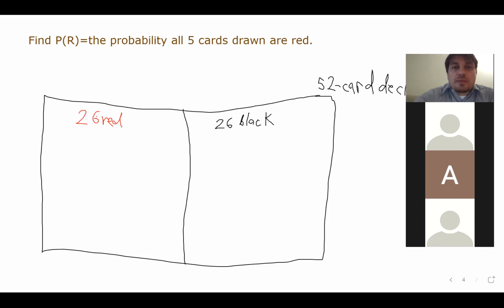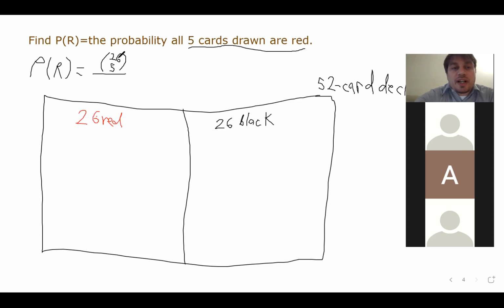Now to find the probability of R, the probability that all 5 cards drawn are red, that's equal to the number of hands of 5 cards that are red. If you have 26 red cards, to get a 5 card hand that's all red, you have to choose 5 of the 26.